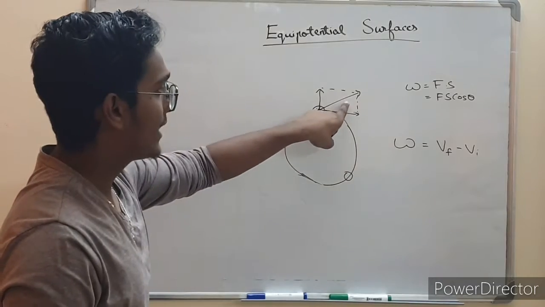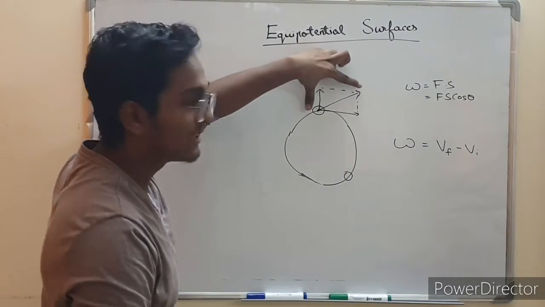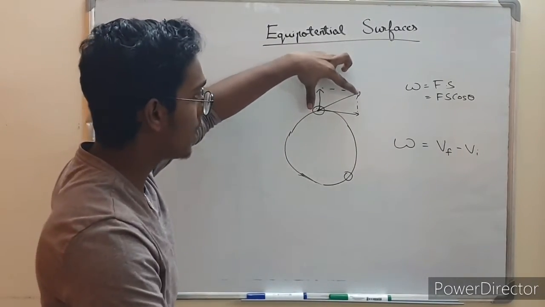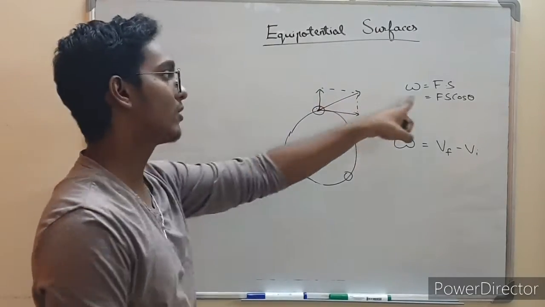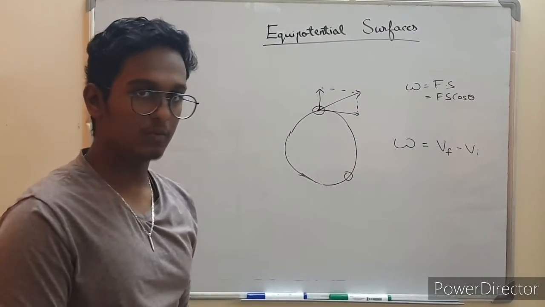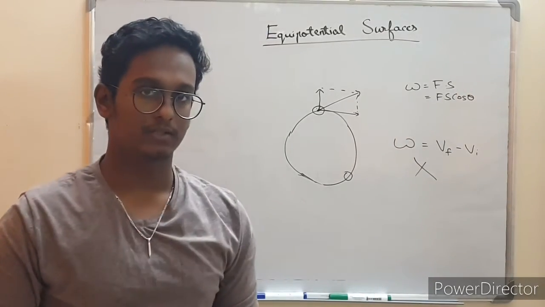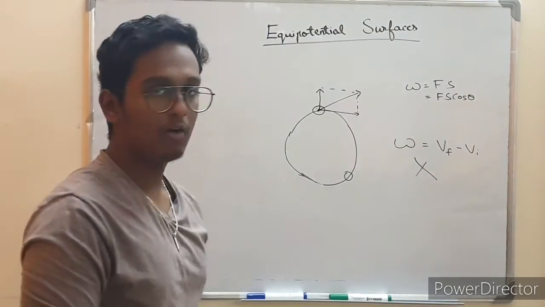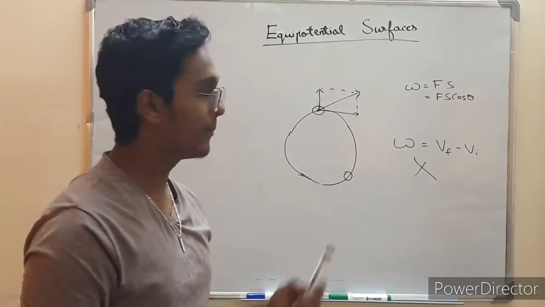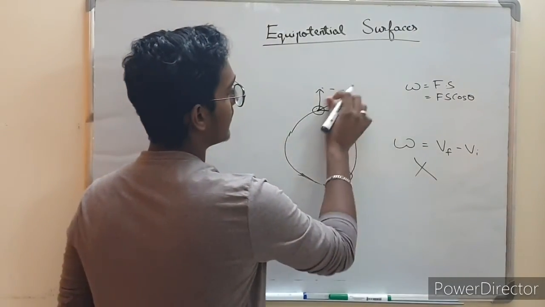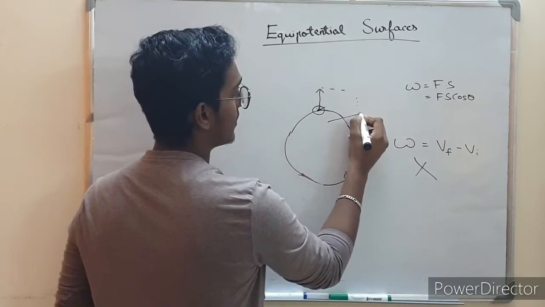And that's the reason why a non-perpendicular vector, as in this case, gives rise to a horizontal component which will cause work done. And if it causes work done, it does not qualify as an equipotential surface. So that's the second condition: all electric field vectors must be perpendicular to the given surface.